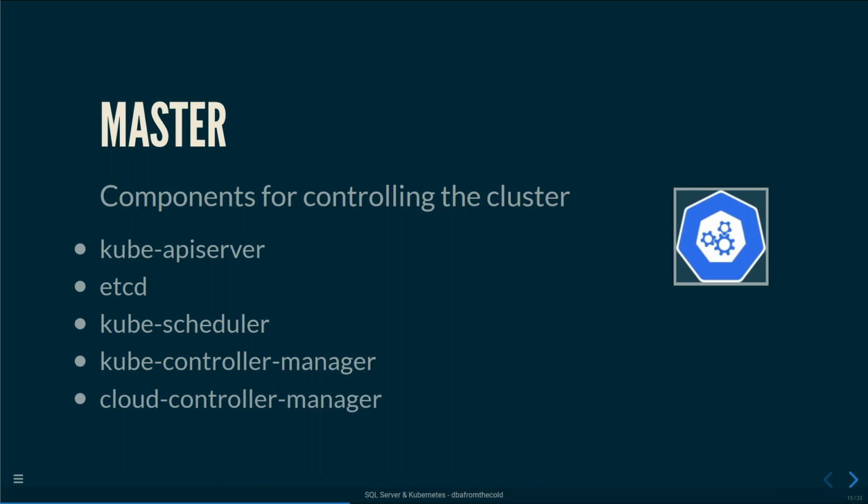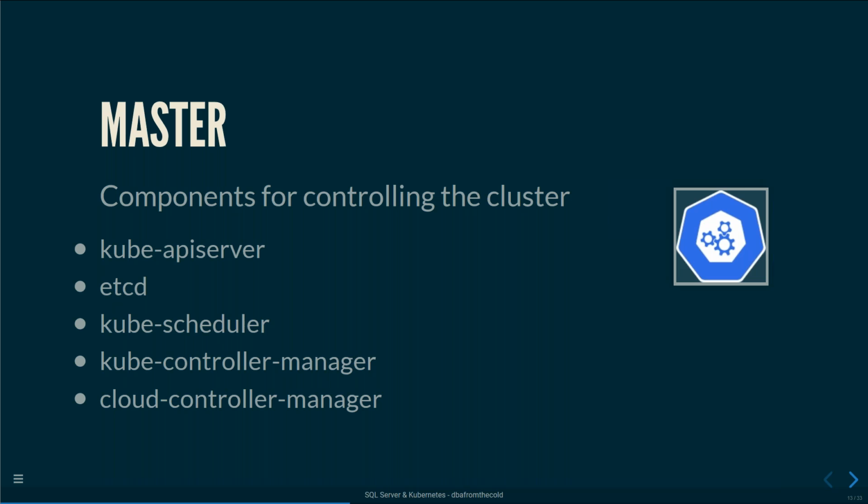This is what hooks Kubernetes into the underlying cloud provider if we're running in the cloud, giving Kubernetes access to that cloud provider's resources. So we'll see this a little bit later. If we deploy a service with a type of load balancer, say we deploy in Azure, the cloud controller manager will hit Azure saying, hey, we need a load balancer for this service. Please spin up a load balancer so we can get its IP. So that's the master controlling our cluster.